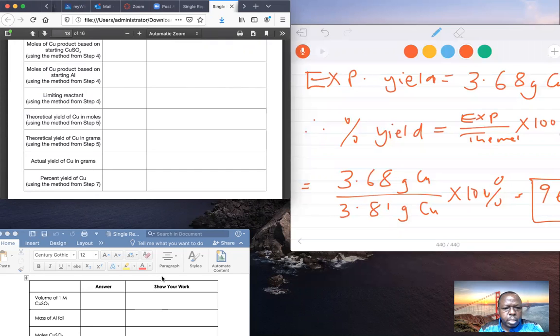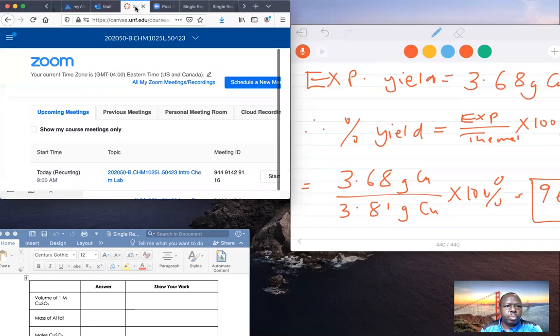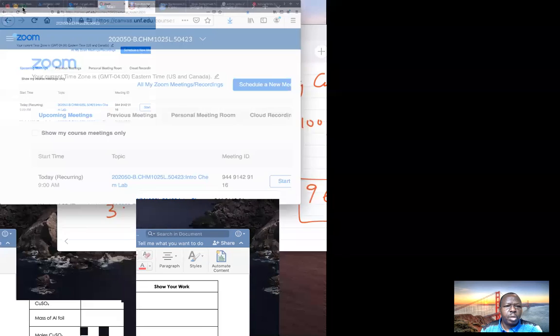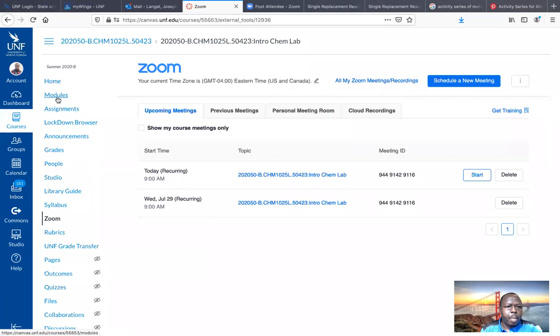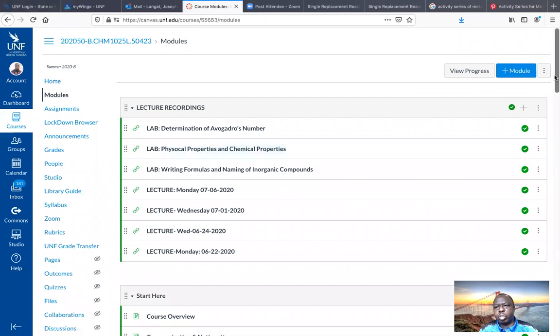Yes, it is posted on the module, unless maybe something is wrong. Somebody had asked the question, you cannot find it, let me see what's going on. To answer that question, it is on the module. Make sure you go to modules on the course. So if I do that, modules right here, unless maybe it is not published, I'll publish it right now.